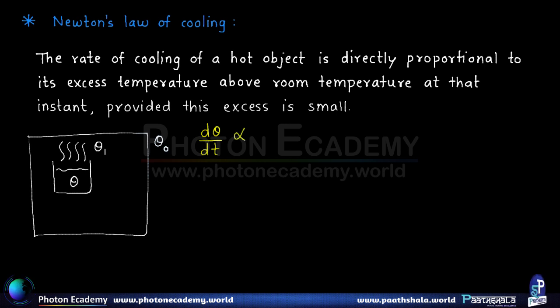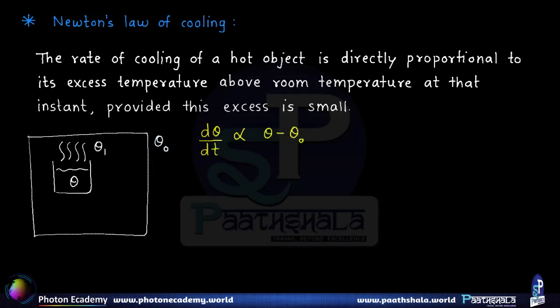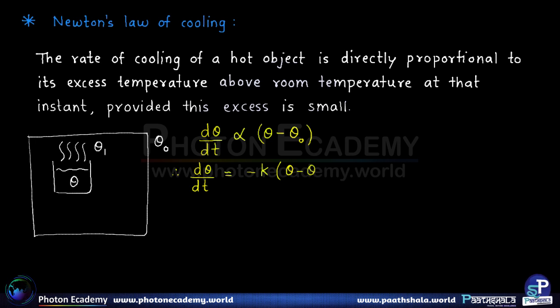That is proportional to the excess temperature. Now excess temperature is nothing but theta minus theta 0, where theta 0 is the temperature of the surroundings or the room temperature. So if we want to remove the proportionality sign, we will get d theta by dt is equal to minus k into theta minus theta 0.